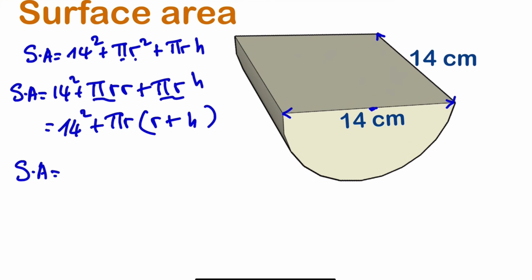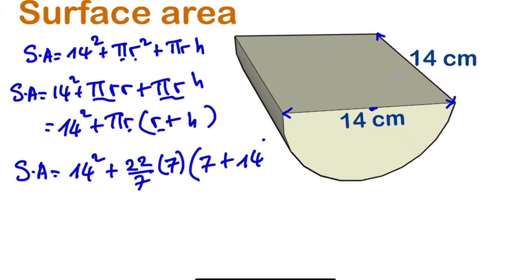So we are going to have 14 squared plus pi, which is 22 over 7, times the bracket: the radius is 7 plus the height, which is 14.